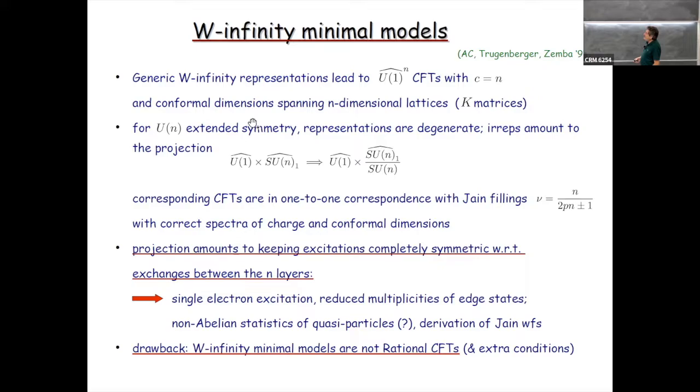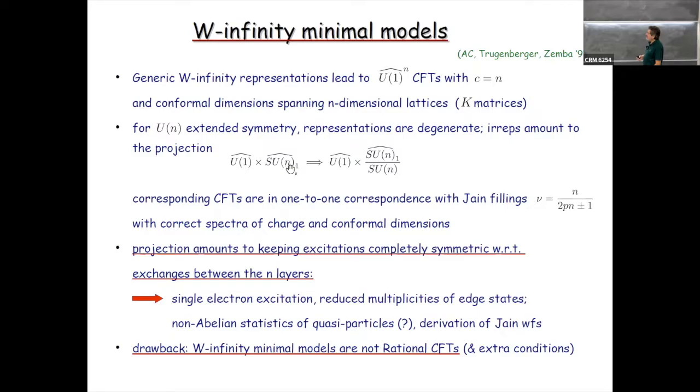In this case there is an n-dimensional lattice of conformal dimensions, and you have to specify the so-called compactification space. So there are many parameters, but there are special points in which the lattice leads to an extended symmetry, SU(N) symmetry, because part of the lattice is the same as the root lattice of SU(N). So some of these lattices have a particular extended symmetry.